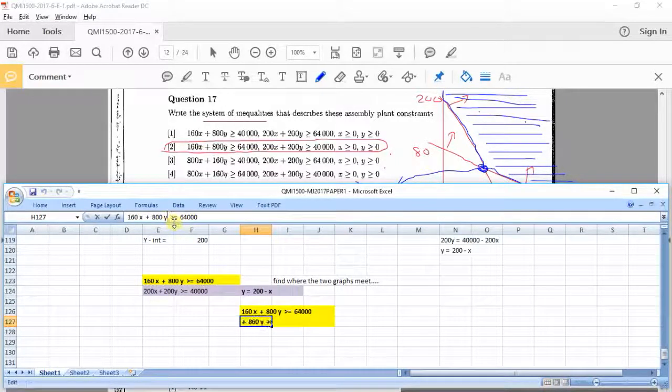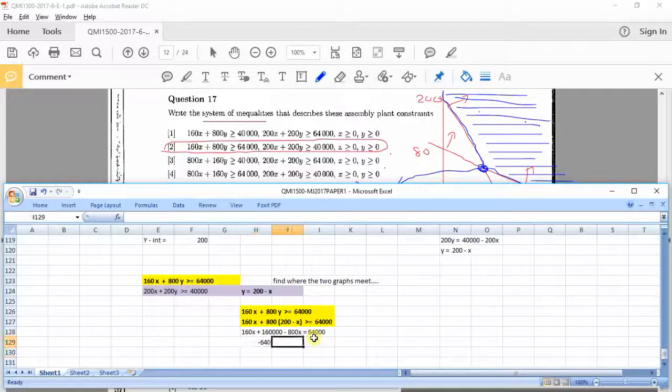Wherever I have a y, I'm going to put in 200 minus x. So 160x plus 800 times 200, 160,000. Is that right? Yeah. 160 minus 800x equals 64,000.